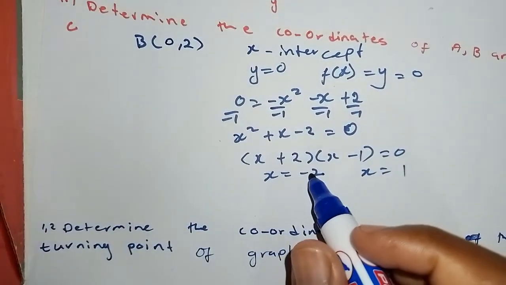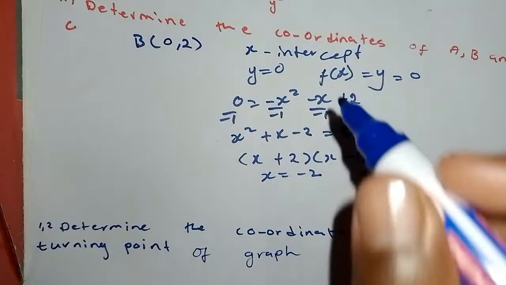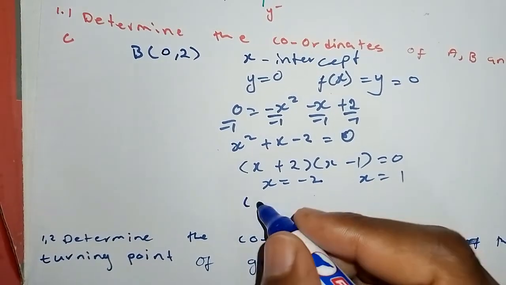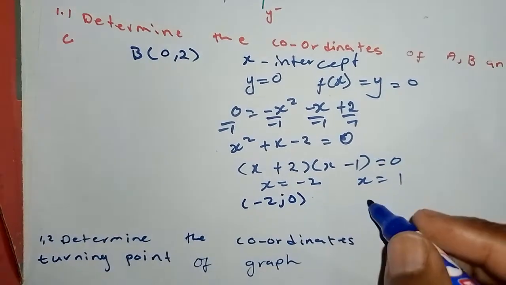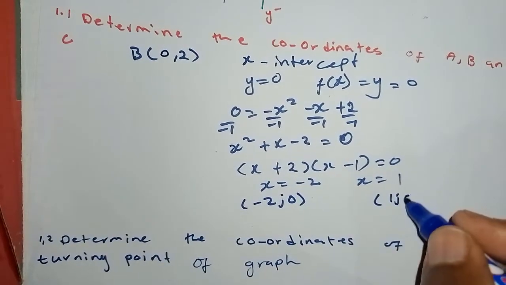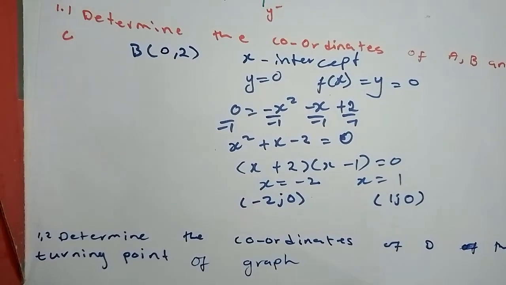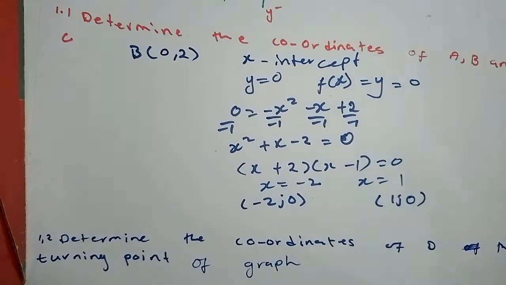Now, remember I said the value of y is 0. So I'm going to have the coordinates (-2, 0) and (1, 0). But now, which one represents A and which one represents C?